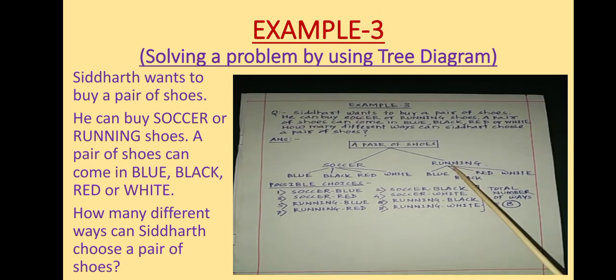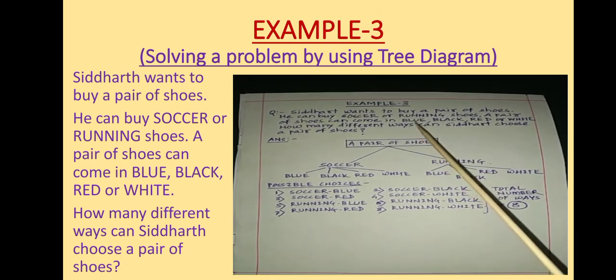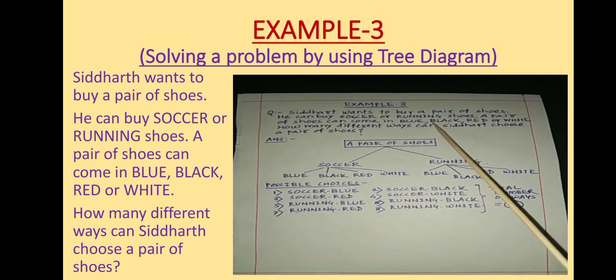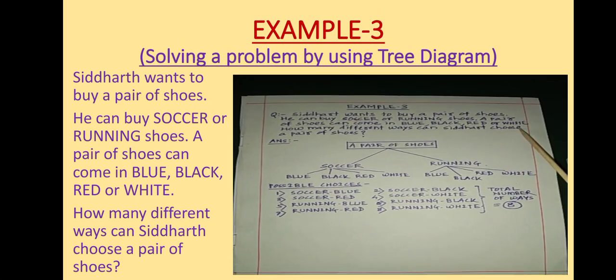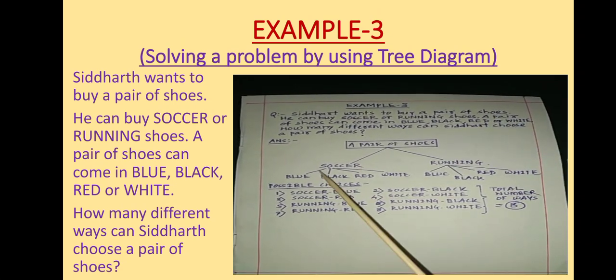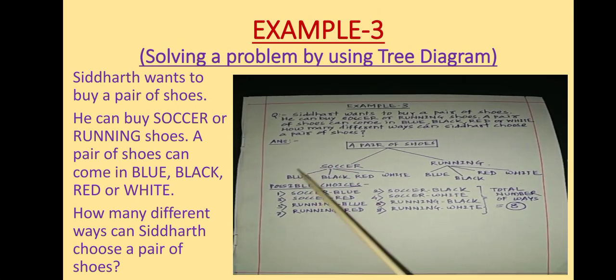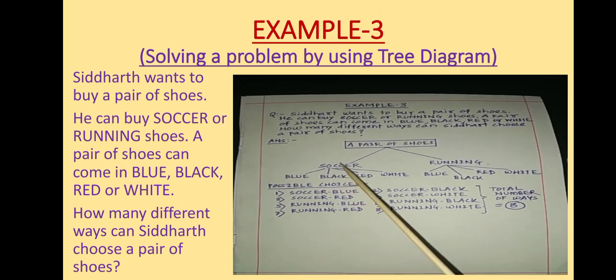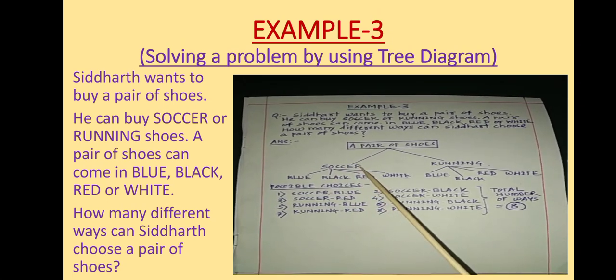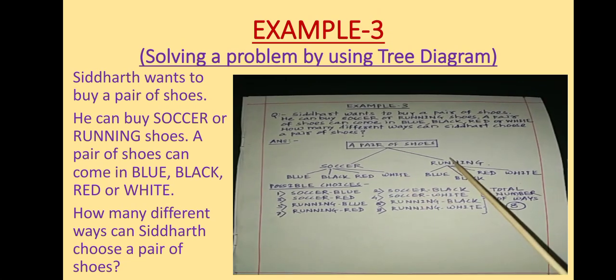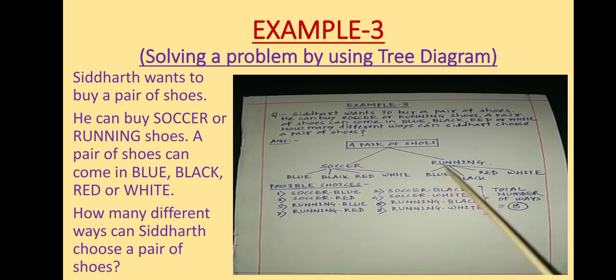So again, list all the possible ways in the form of a tree diagram. Below pair of shoes you first write soccer, running, and below each option you write all four possible colors.